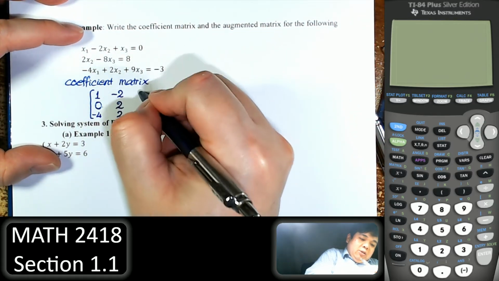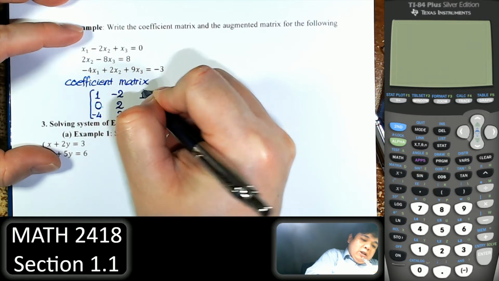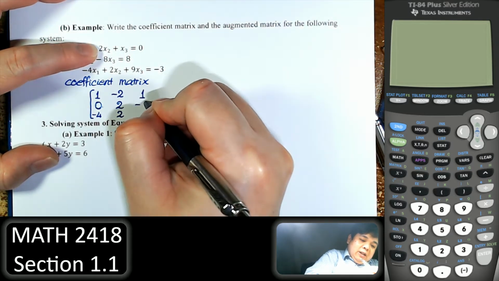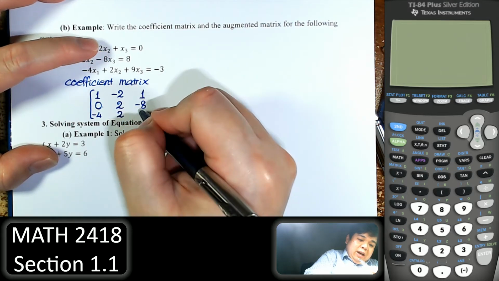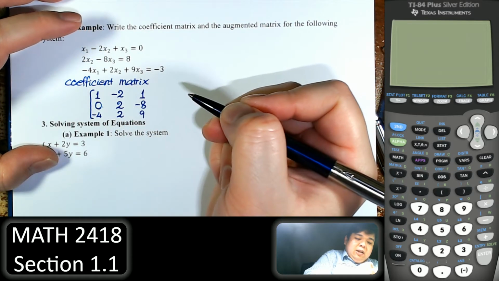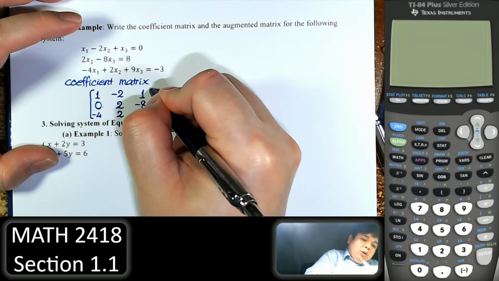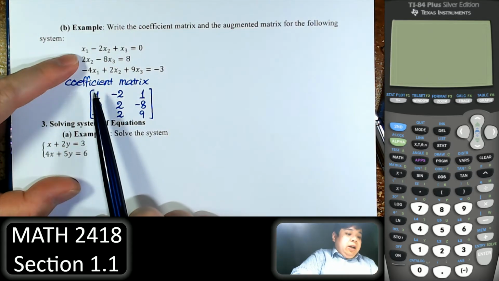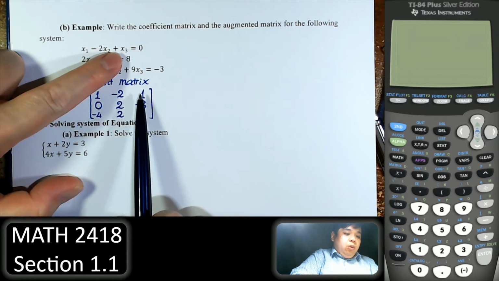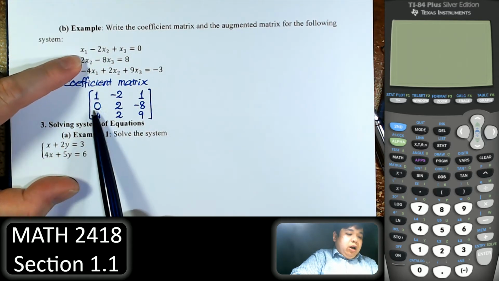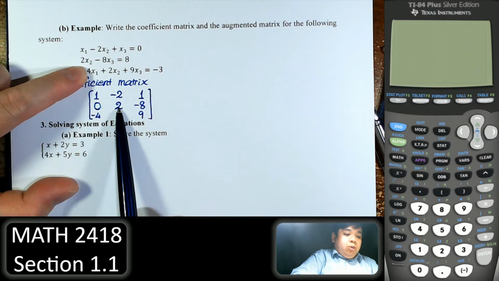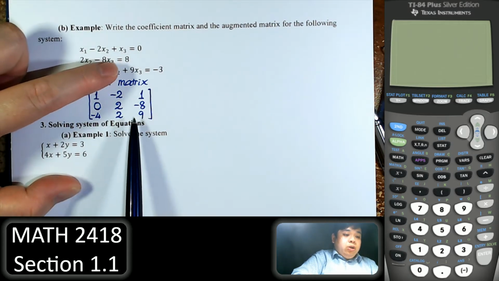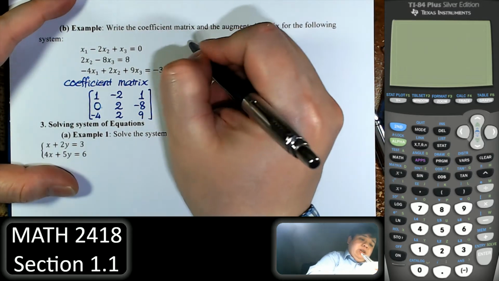And then for x3 there's 1 for the first equation, and then negative 8, and then 9. That is the coefficient matrix. So once again: 1, negative 2, 1; no x1, 2x2, minus 8x3; negative 4x1, 2x2, and 9x3. That is the coefficient matrix.